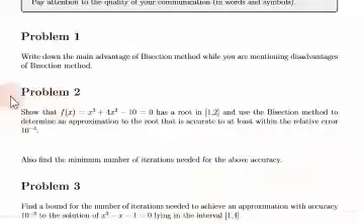Now let's move to the second question. Show that this function has a root in this interval. So all you need to do is substitute these points separately. Find f of 1 and f of 2 and look at the sign of those.